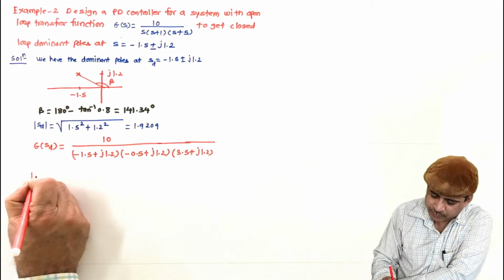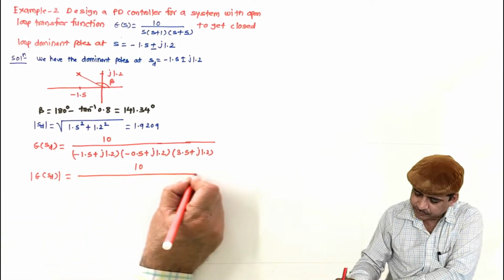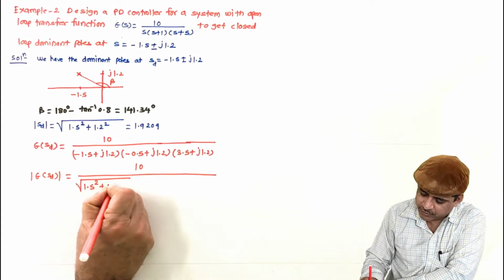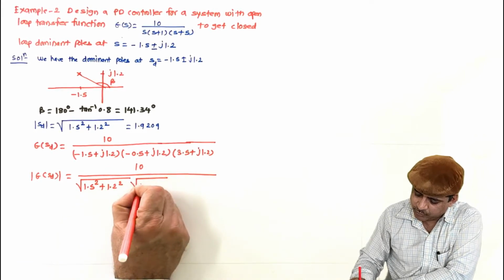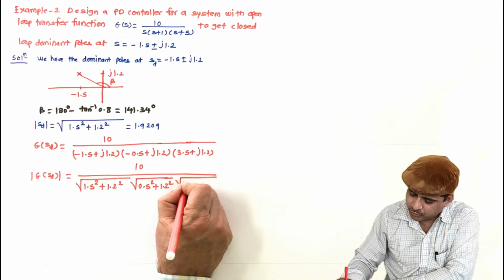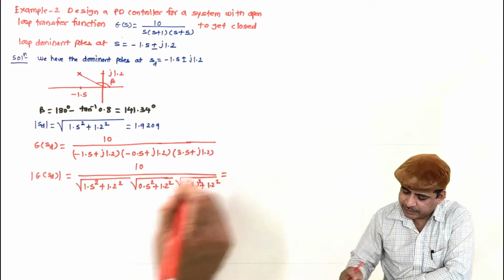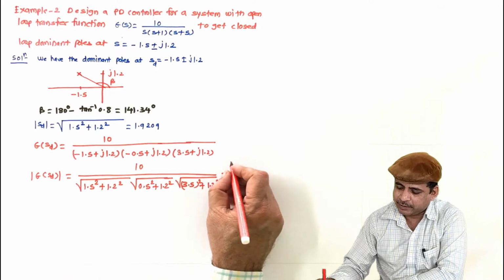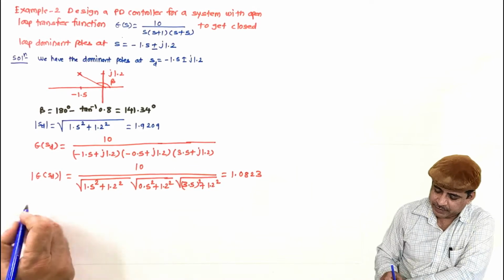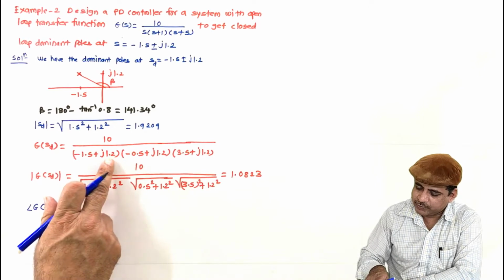So its magnitude is nothing but 10 upon under root 1.5 square plus 1.2 square into under root 0.5 square plus 1.2 square into under root 3.5 square plus 1.2 square, and upon solving we are getting this as 1.0823.